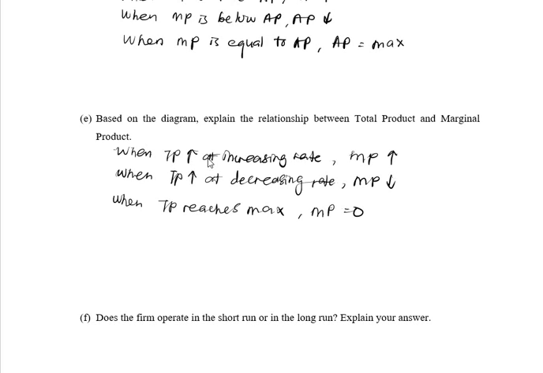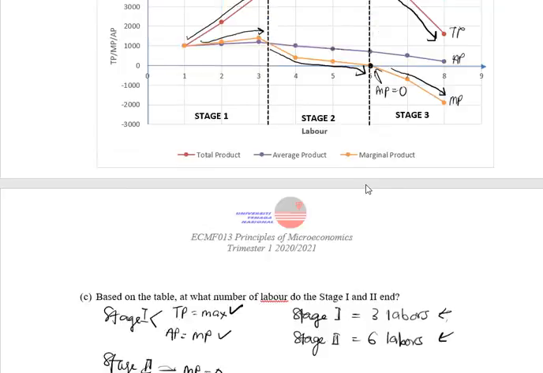And at stage 3, when total product decreases, your marginal product will be negative. Those are the 4 relationships between total product and marginal product that you can observe from the graph.